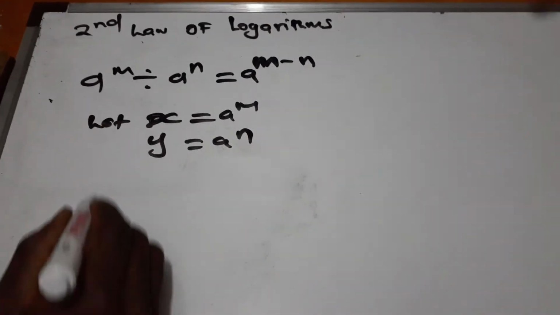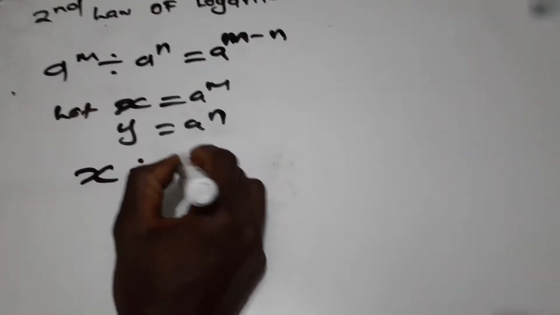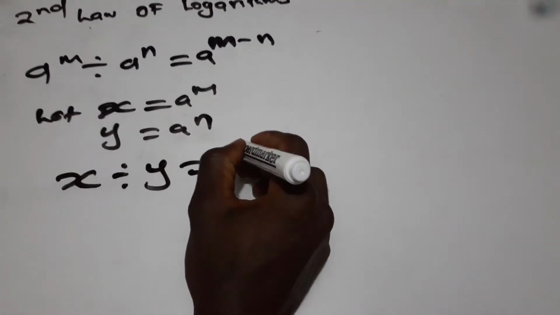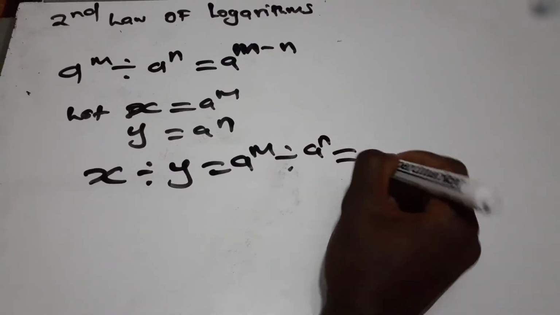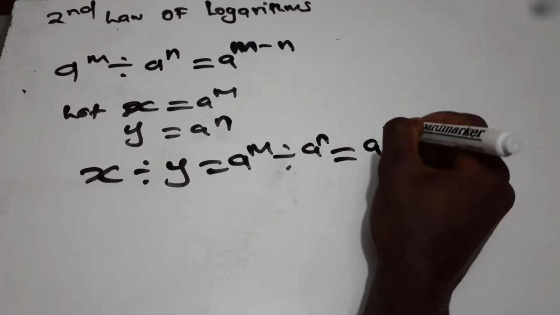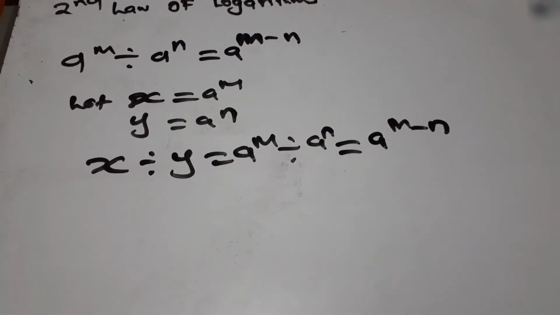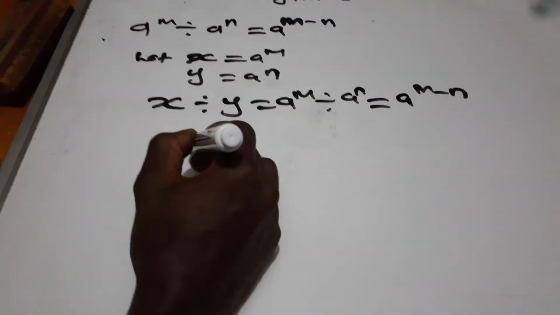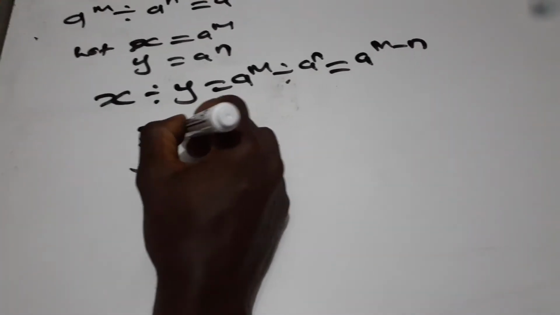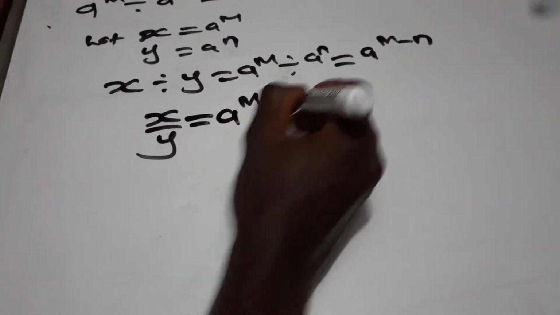This means that x divided by y is the same as a^m divided by a raised to power n, which is equivalent to a^(m-n). We're good. So x divided by y is equivalent to a^(m-n).